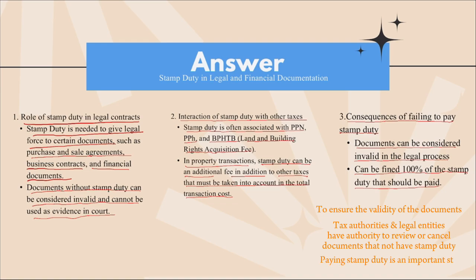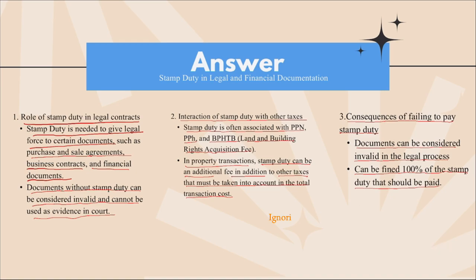Paying stamp duty is an important step in ensuring the legality of business documents and company transactions. Ignoring stamp duty can have serious consequences such as document cancellation, large fines, or legal problems.